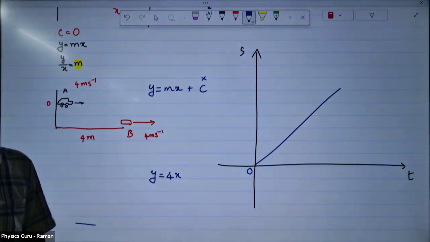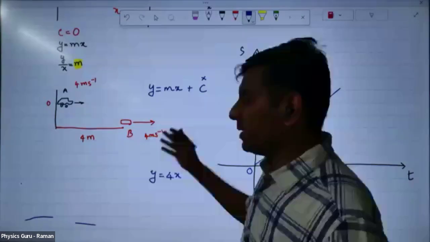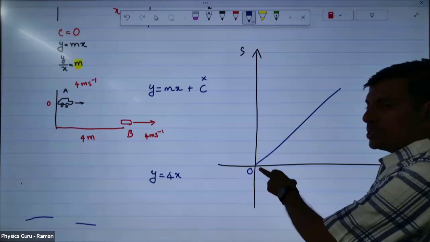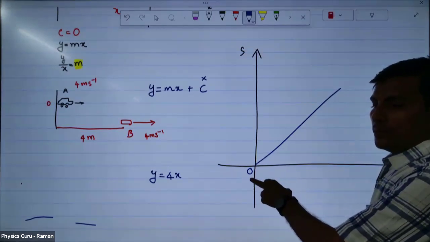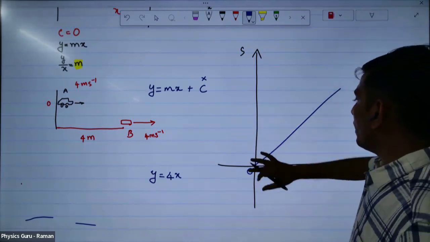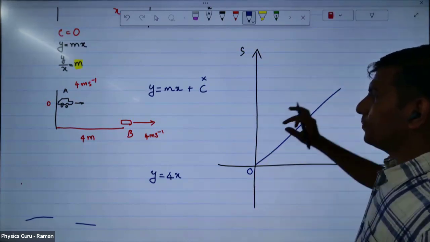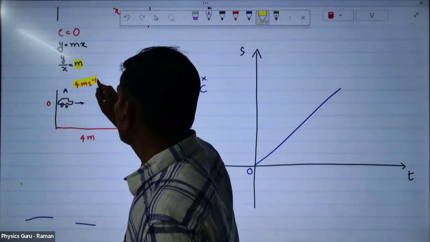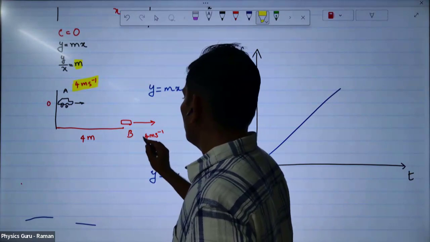Am I right? Sir, what is m and c actually? That's what I'm trying to tell you. Okay. So for any person who starts from the origin, he is traveling at a steady speed. As you can observe here, the first car is traveling at 4 meters per second.